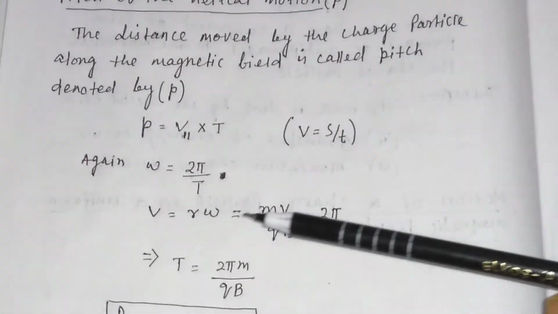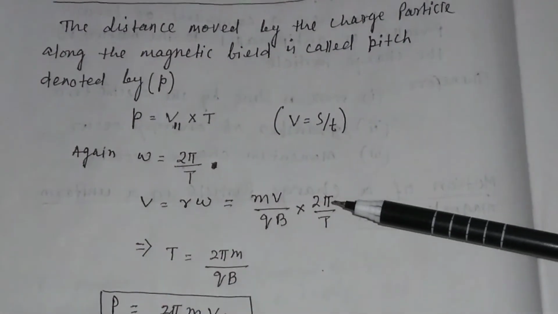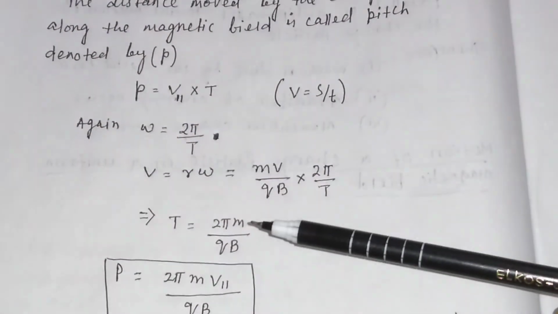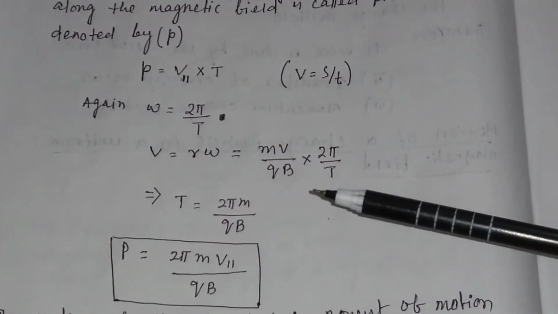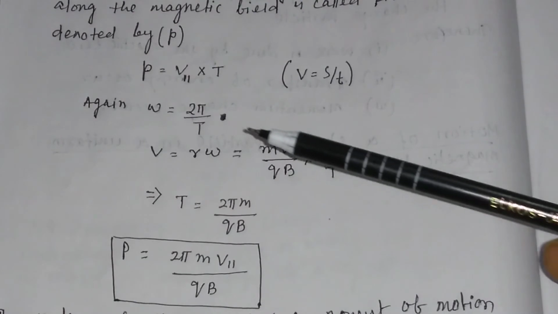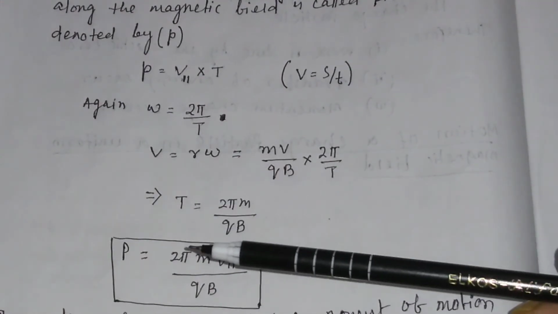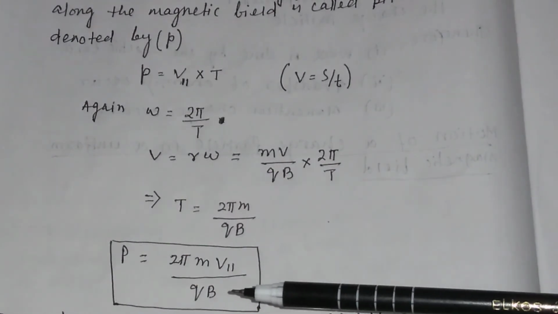R we have found out, that is equal to mv by qB, and omega is equal to 2 pi by T. So the time period of the helical motion will be equal to 2 pi m divided by qB, and if you put the value of time period here, then p will be equal to 2 pi m v parallel divided by qB.